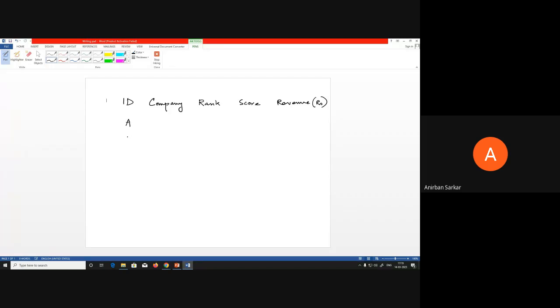10 most valuable companies in say US. So I am giving one, two, three, four, five, six, seven, eight, and J. Suppose company, first company is Apple.